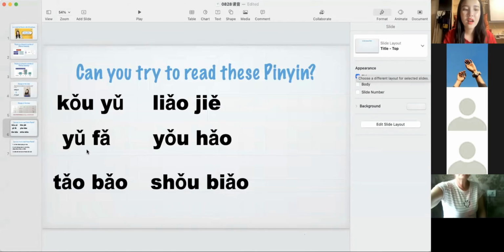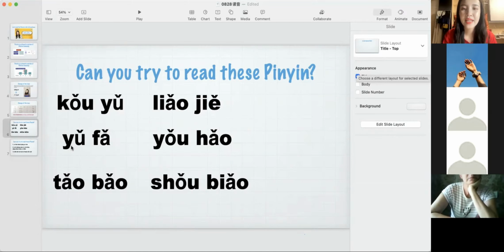语法。Let's try to pronounce this YU sound. I feel like you have difficulty pronouncing this one. For Y, you pronounce E, right? And for the next part, you pronounce U, right?